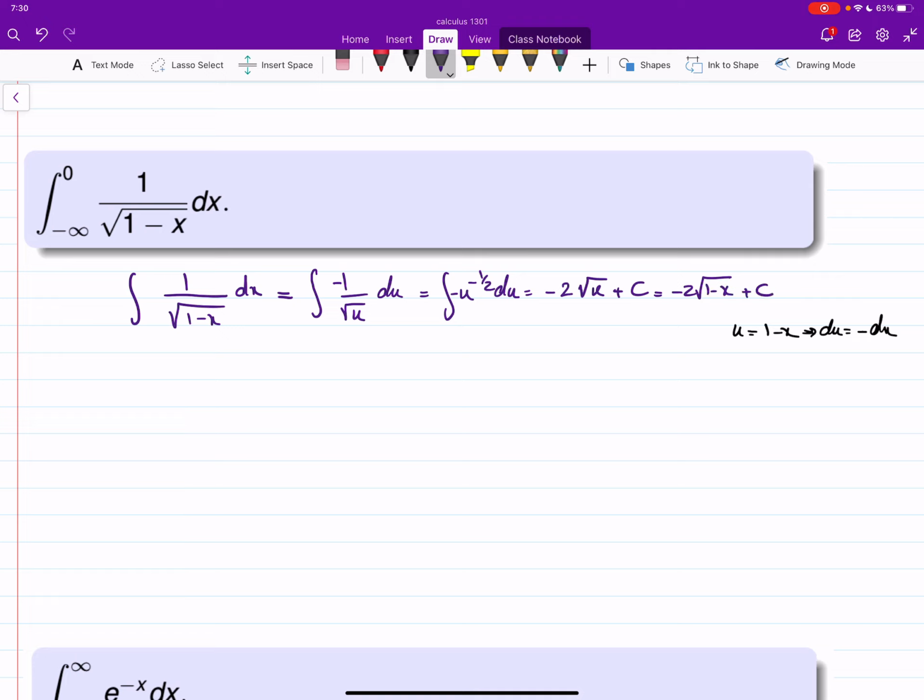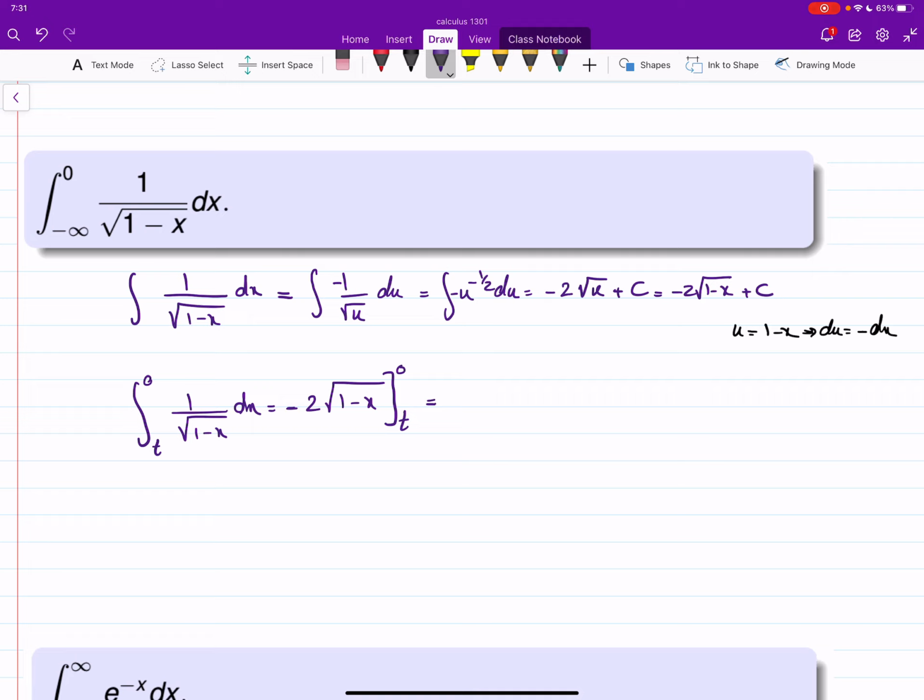Now, why did I do that? Because now I want to replace negative infinity by t and actually evaluate this guy. So that is going to be negative 2 root 1 minus x, going from 0 to t. By the way, here it's important to see that 1 over root 1 minus x is continuous on the whole interval from negative infinity to open 1.